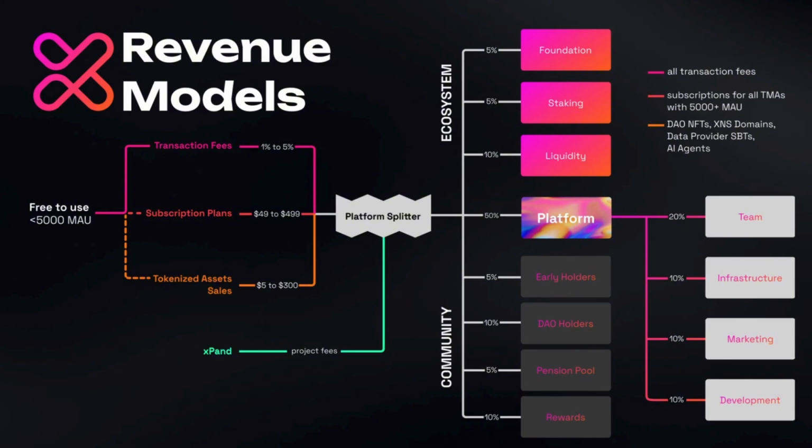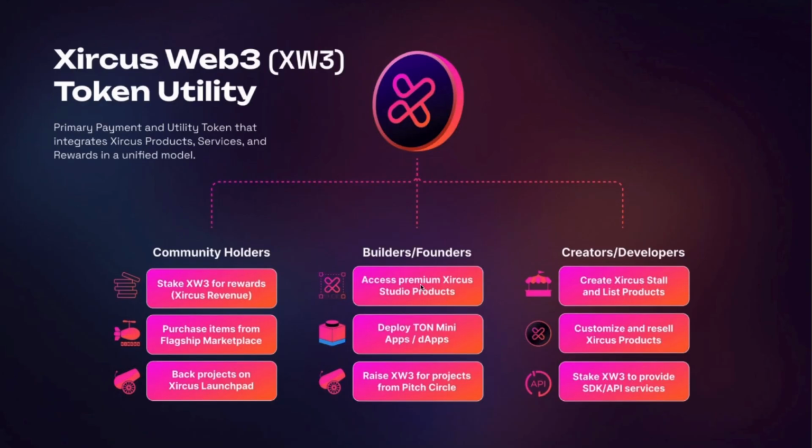So all of this interconnected ensures that every participant, whether you are a holder, a builder, or a creator, everyone will benefit from the growth of what Circus is facilitating here and creating in the ecosystem.